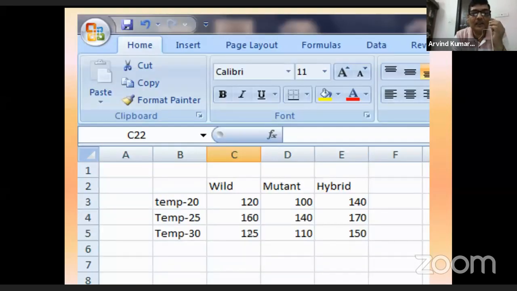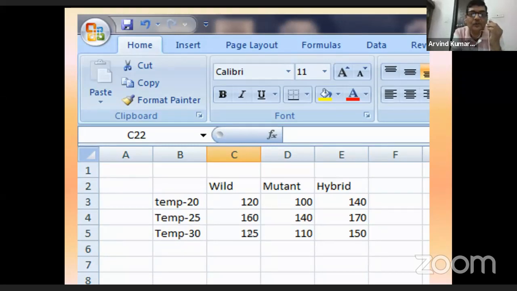I've taken a particular case here. First, let us understand what this shows. Here 2 factors are there. Suppose there is a specific species of insect which you are rearing in your laboratory.